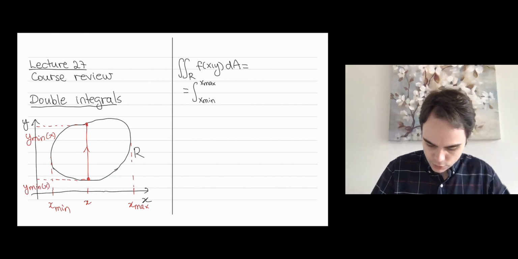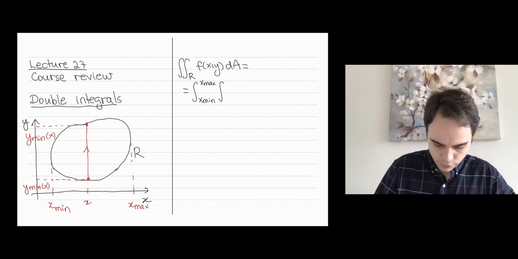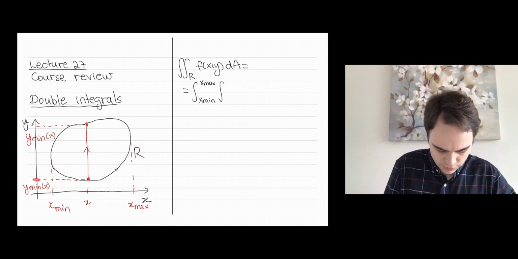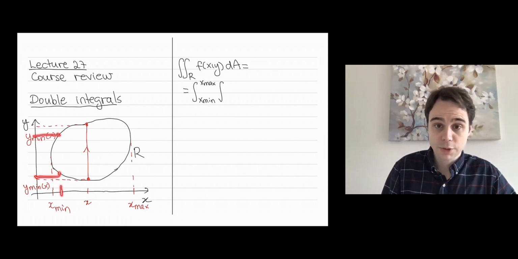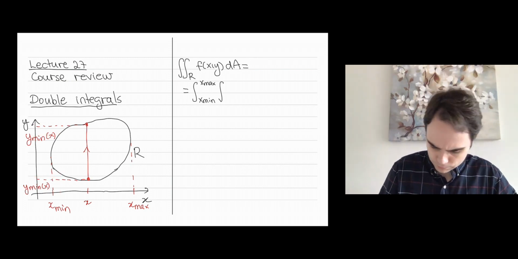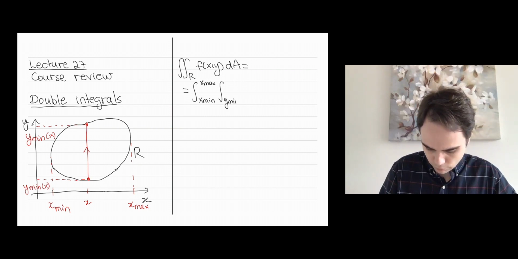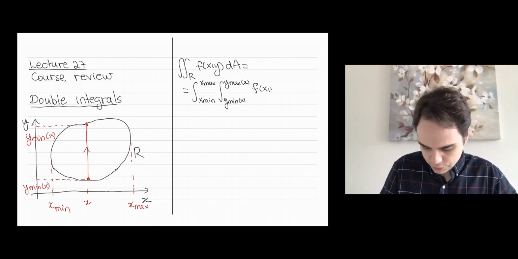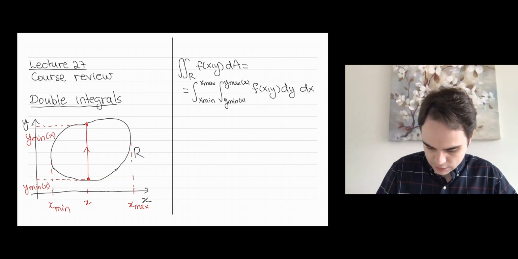So the bounds for the inside integral, this y min and y max, depend on the x you fixed. If I had fixed this other x, then y min and y max would be different. And then you just plug in the function, then write dy and dx.